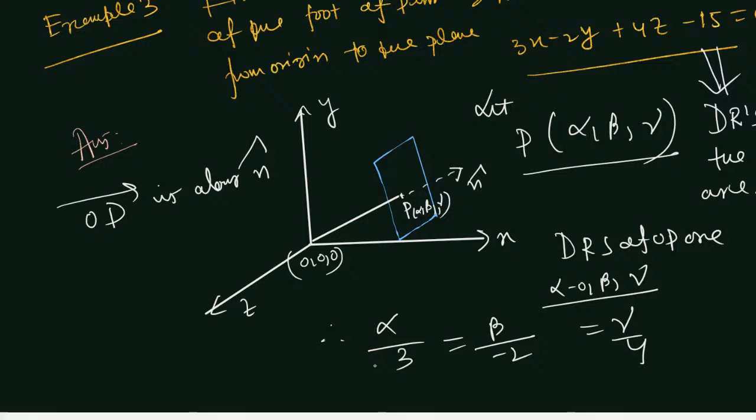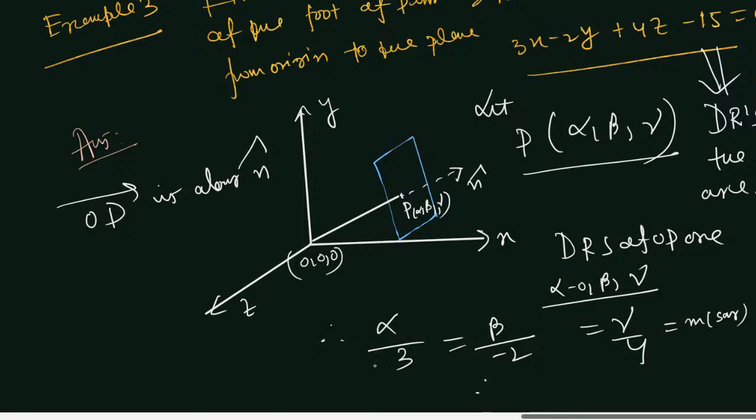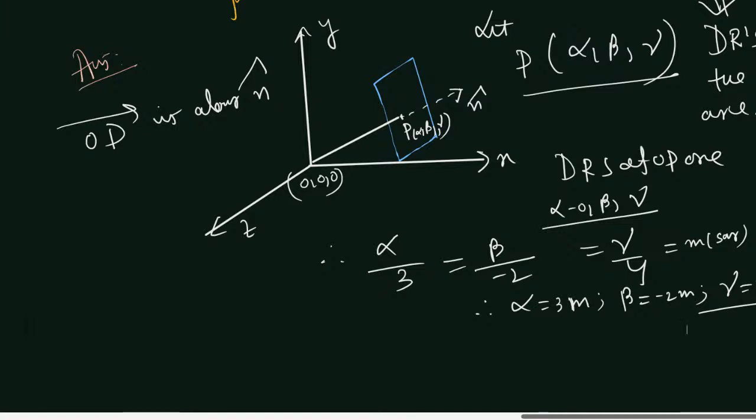Now assume this thing equal to m. So alpha will be what? 3m, beta minus 2m, gamma 4m. Okay?